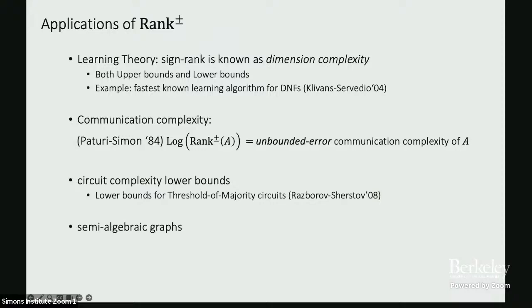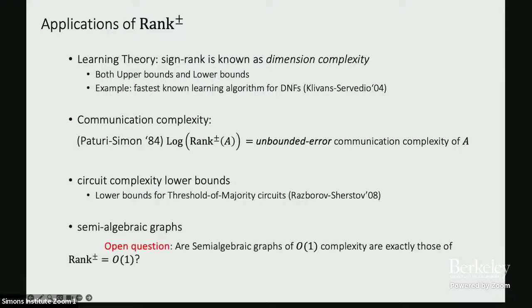Also, it's a highly relevant parameter in the semi-algebraic community. For semi-algebraic graphs, sign rank becomes one of the most important parameters. In fact, one very important open question in the area is whether semi-algebraic graphs of bounded complexity are precisely those that have bounded sign rank.